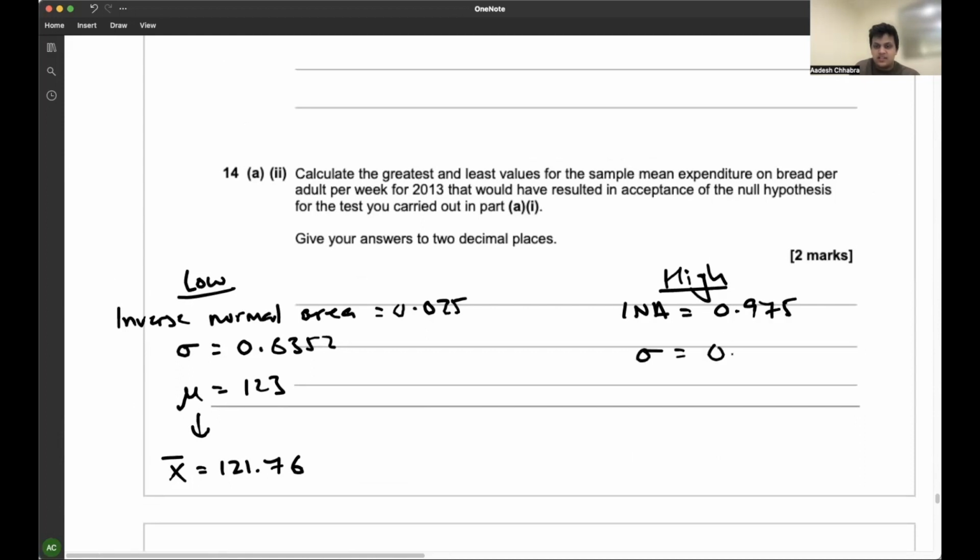Sigma is the same at 0.6352, and mu stays the same again at 123. And this yields us X bar as equal to 124.25. And that is this question.